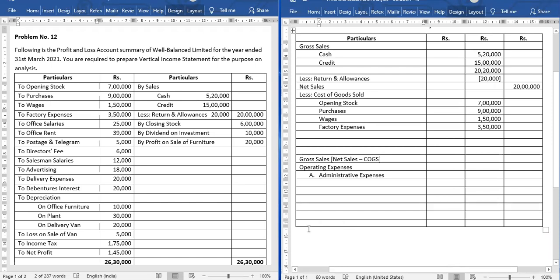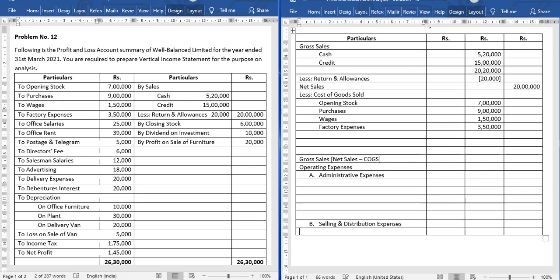Then after this, next step is selling and distribution expenses.